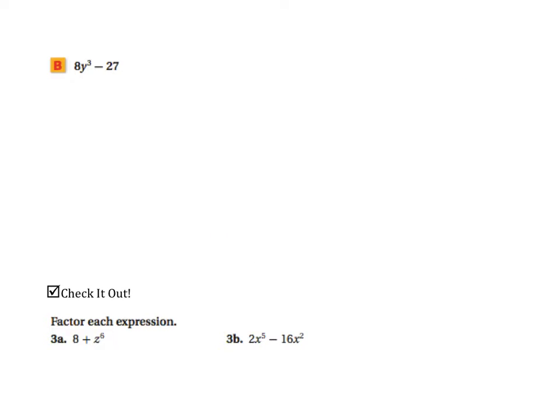So we look at the next one, which is the difference of two squares, or two cubes, sorry. So my A equals the cube root of 8y to the third, which is 2y. And my B is the cube root of 27, which is 3.